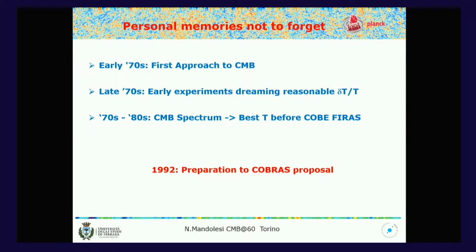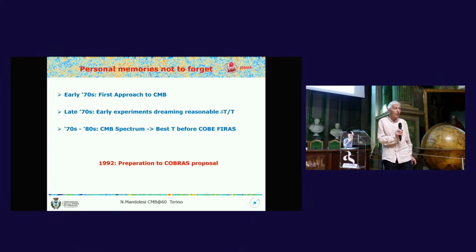Then later on, together with Bruce and with other people, we started some impossible experiments and learned how to build radiometers, but that was a dream. Then in the late 70s, 80s, we started measuring the spectrum of the CMB, and we did the best measurements before COVID virus.